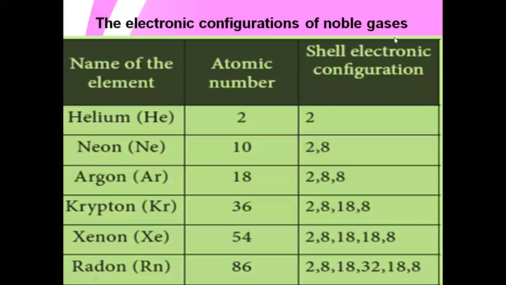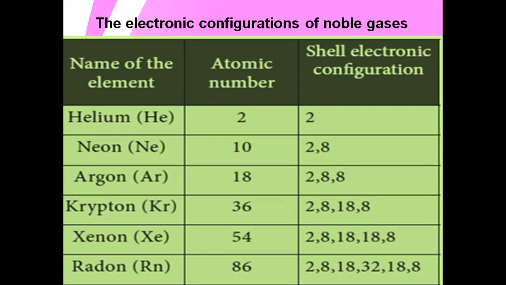In 1916, Kossel and Lewis proposed a theory to explain chemical combination between atoms. This theory is known as the electronic theory of valence, or the octet rule.